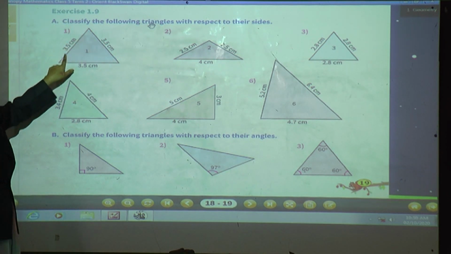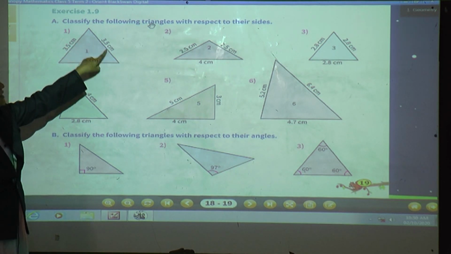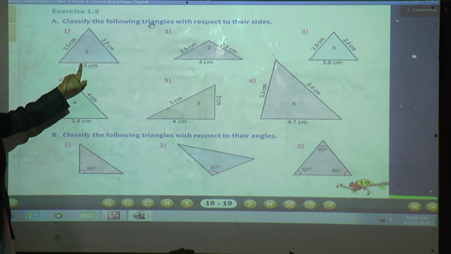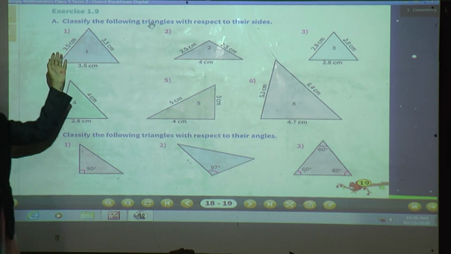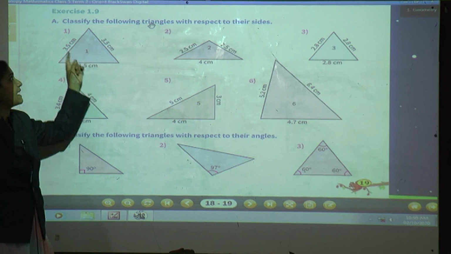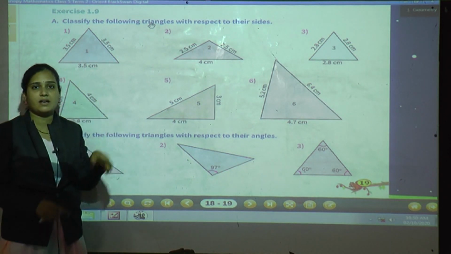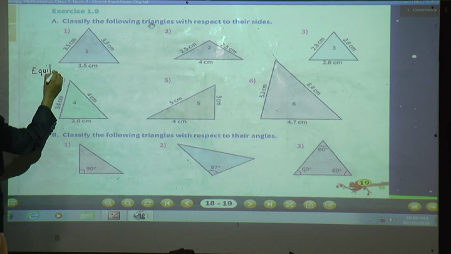This side is 3.5 centimeter. Again, this one is 3.5 centimeter, and this also 3.5 centimeter. So which type of triangle is this, students? Yes, all three sides of the triangle are equal. So this is an equilateral triangle. Very good.